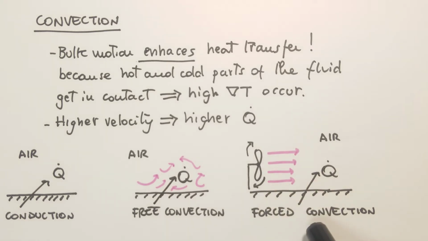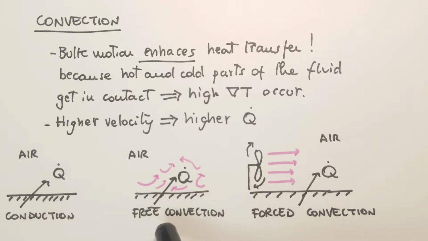In the third case here, we have forced convection. Now, in forced convection, the motion of air is due to an external agent, in this case a spinning fan, for example. So in general, for forced convection the heat transfer coefficient is larger than for free convection, and free convection has a larger heat transfer coefficient than conduction.